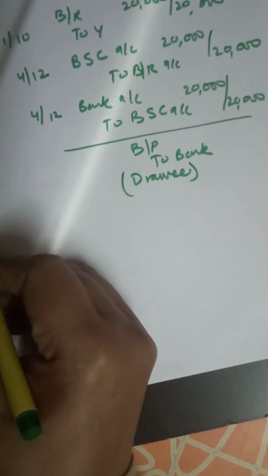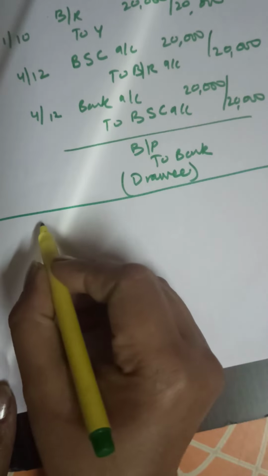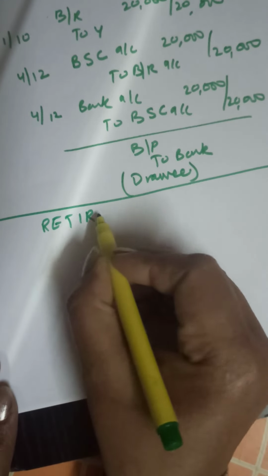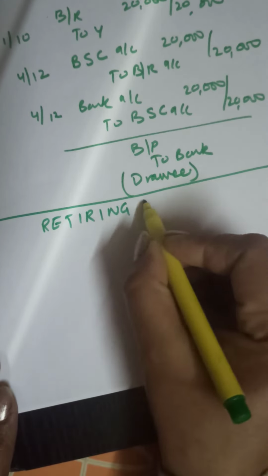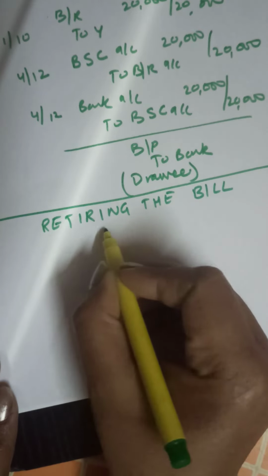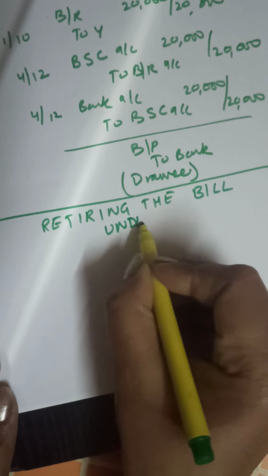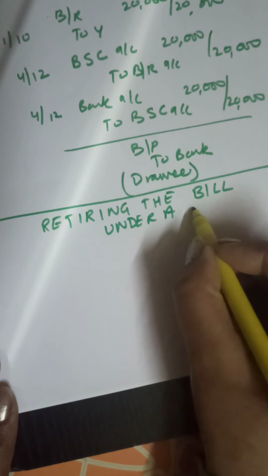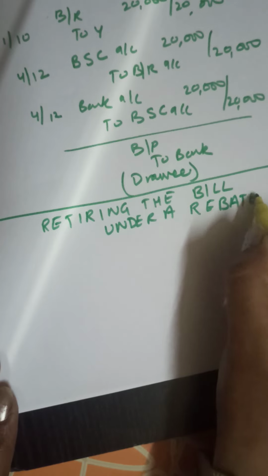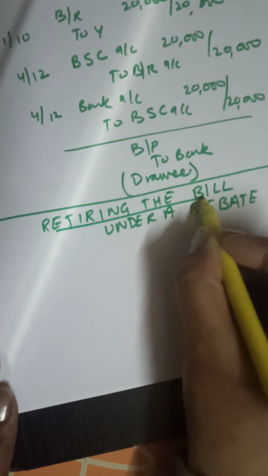After this, next is the case when the bill is retired. Retiring a bill under a rebate.